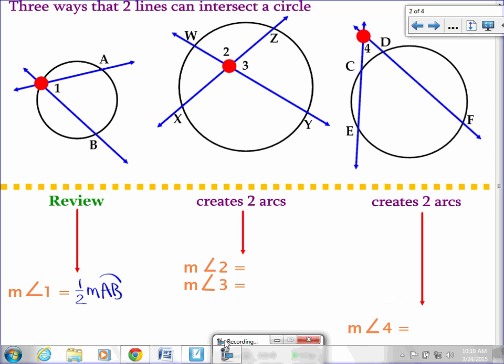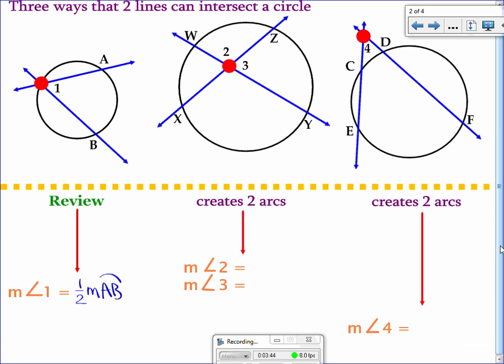Okay, then we have the situation where we have 2 lines that intersect inside the circle. Notice the red dot is in the circle. We have a formula here that is always going to work. There's a 1/2 for both of them. What we're going to end up doing is adding 2 things together.